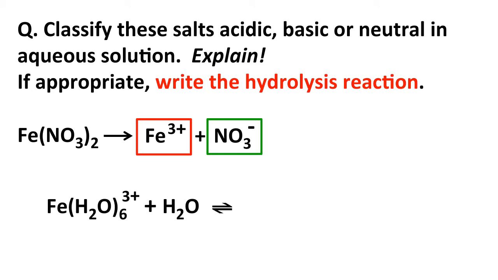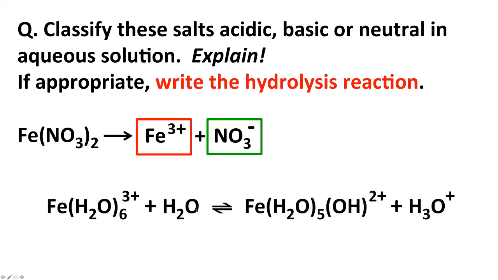And the hydrolysis equation, if this is acidic, what ends up happening is this Fe(H2O)6 3+ in the presence of water donates a hydrogen ion to the H2O, makes H3O+, and that hydrogen ion comes from one of the 6 waters.